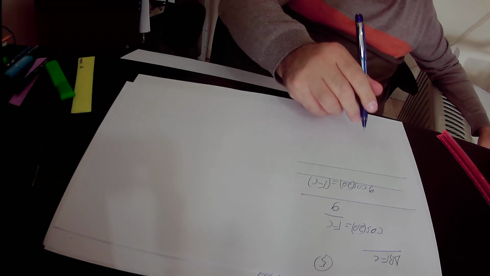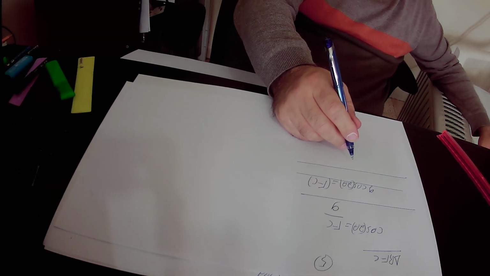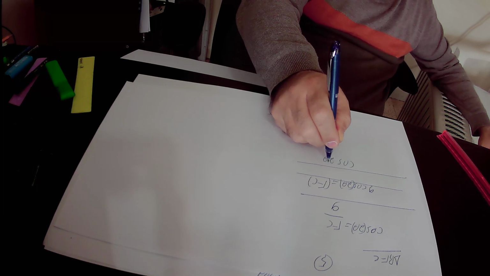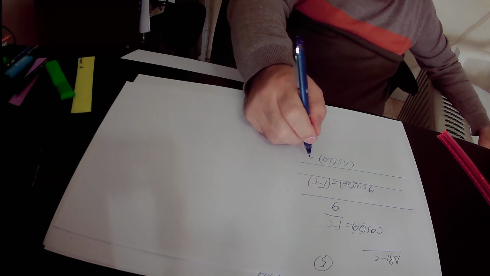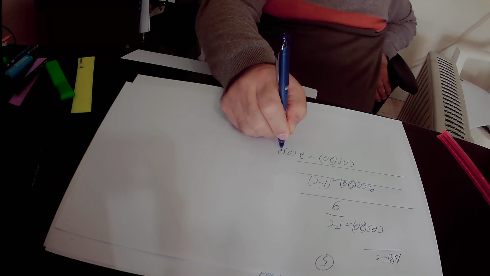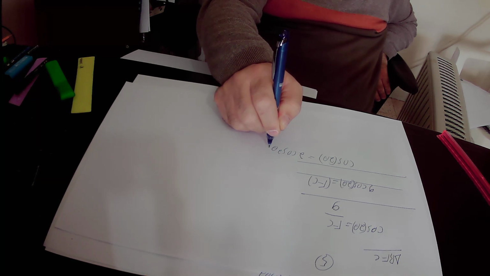We have the trigonometric identity that cosine 2 theta equals 2 cosine square theta minus 1.